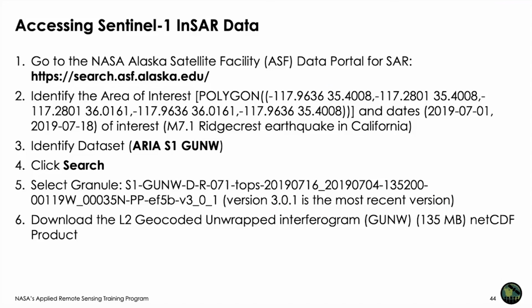So it's now 6 years ago. And we can search for that data and download the GUNW file, which is a NetCDF geocoded unwrapped interferogram that we're going to be using later for the rest of the analysis.